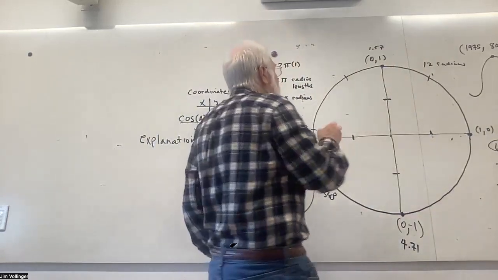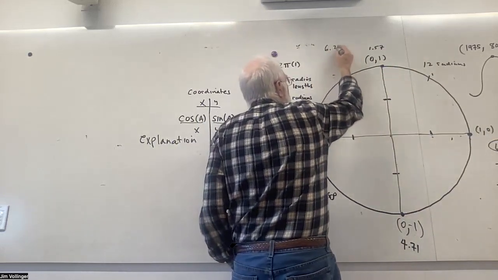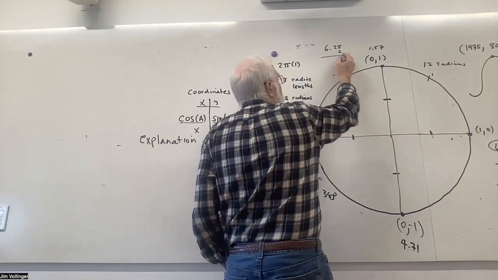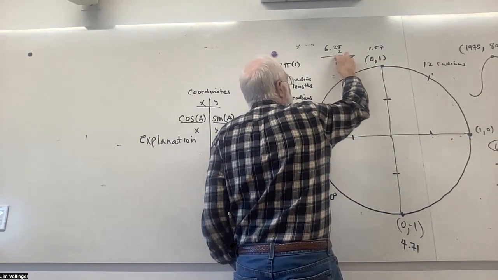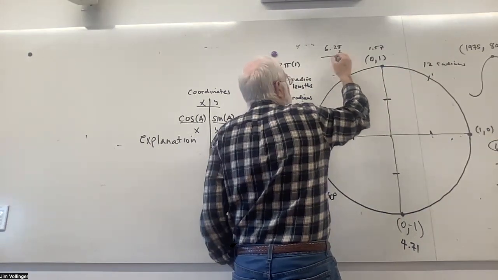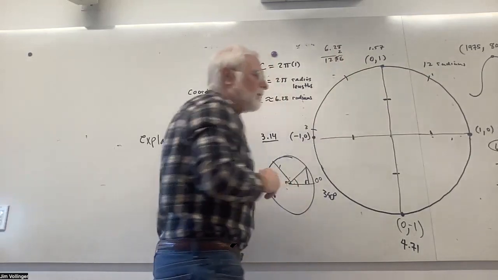Oh, that's a tough one, actually, because 6.28 doubled is, I shouldn't have to do this, 12.56.